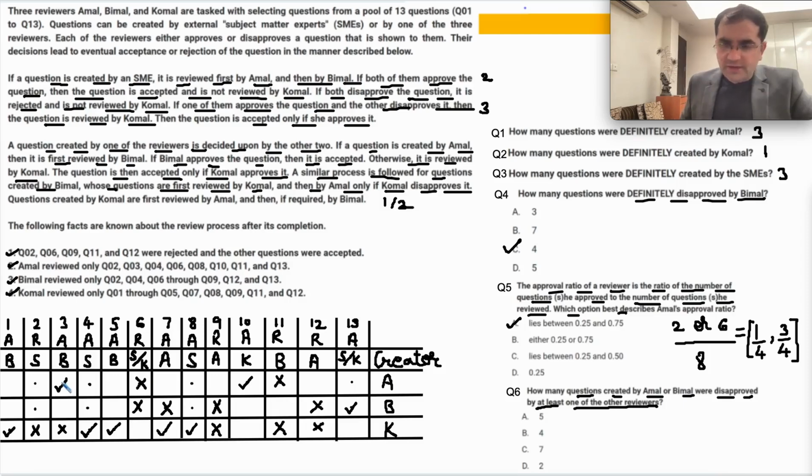Questions created by A और B में एक क्रॉस होना चाहिए. क्वेश्चंस क्रिएटेड बाय ए और बी में एक क्रॉस, ये एक आ गया. क्वेश्चन नंबर 3, 4, 5 नहीं, 7 में क्रॉस आ गया, 9 में क्रॉस आ गया, 10, 11 में क्रॉस आ गया. 7, 9, 11 एंड 12 में क्रॉस आ गया. That's 5 questions. The answer is 5, and that is the end of the set.